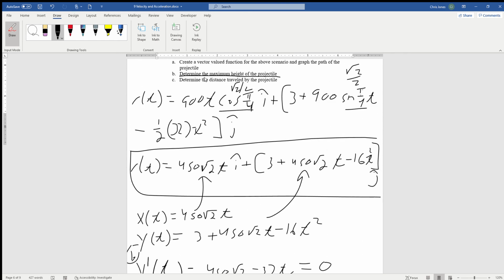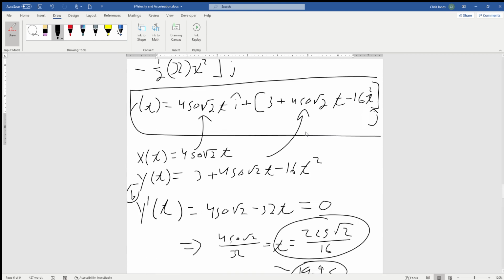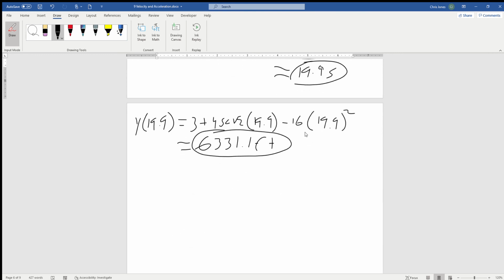And our last problem, determine the distance. If we were to determine the distance of this thing, now remember when it's fired, it sort of looks like this, and this is going to be a really bad drawing, but when it's fired from the initial height of 3, that's what the path should look like approximately.